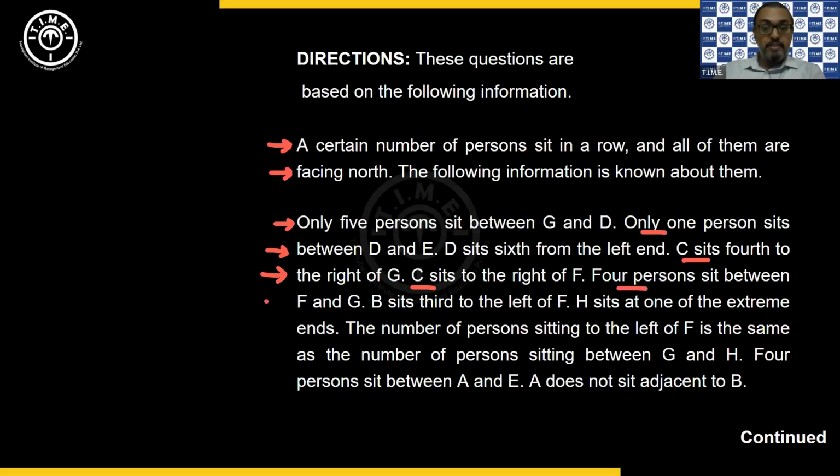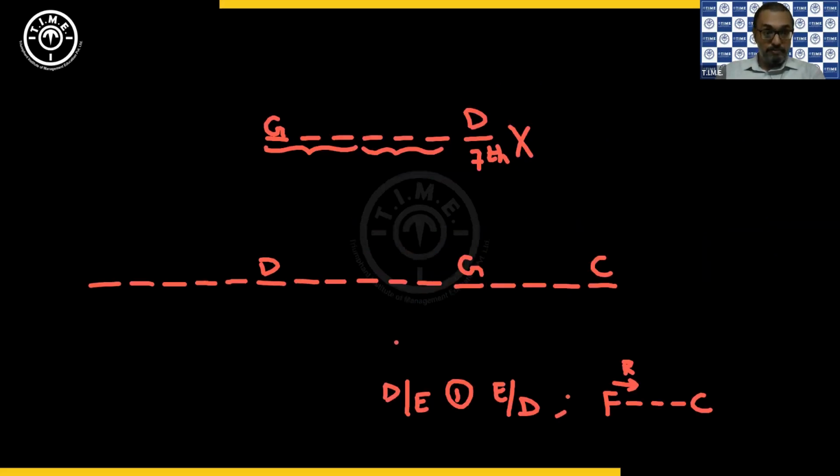Now 4 persons sit between F and G. Since C should be on the right side of F, leave a gap of 4 people, so F has to sit adjacent to D. Then only C will be on the right side of F, and there are 4 people between F and G.